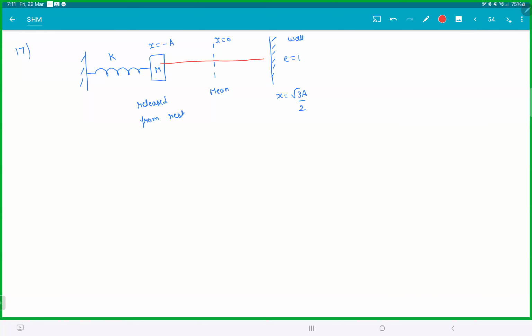It will collide with the wall and come back again. So you're not letting it complete a full oscillation. Technically, if it is minus a, shouldn't it go till plus a? But in the middle, you kept a wall.